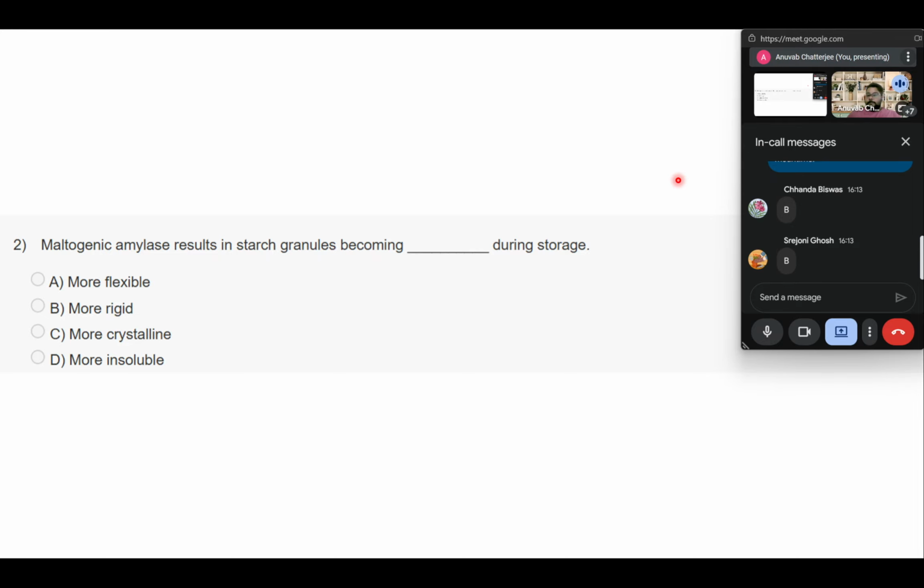So we move on. Next question is maltogenic amylase results in starch granules becoming blank during storage. The options are more flexible, more rigid, more crystalline, or more insoluble. You can put in whatever you think is the correct option, A, B, C, D, in this chat.